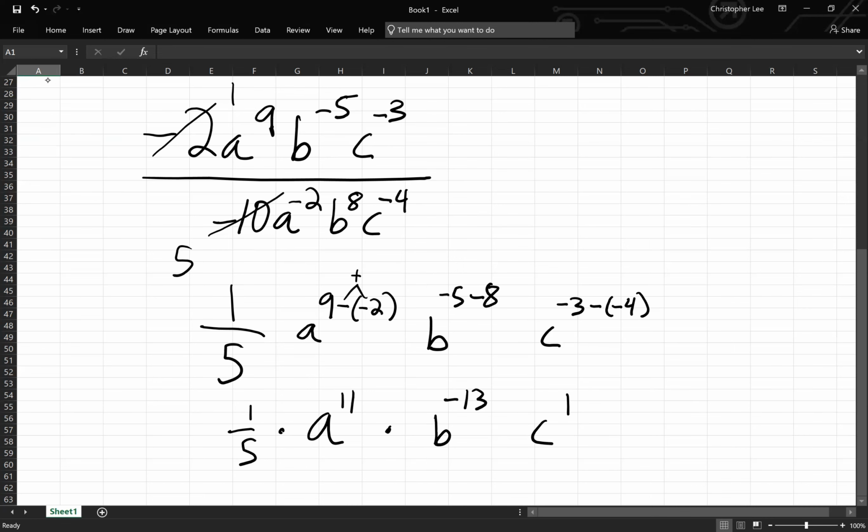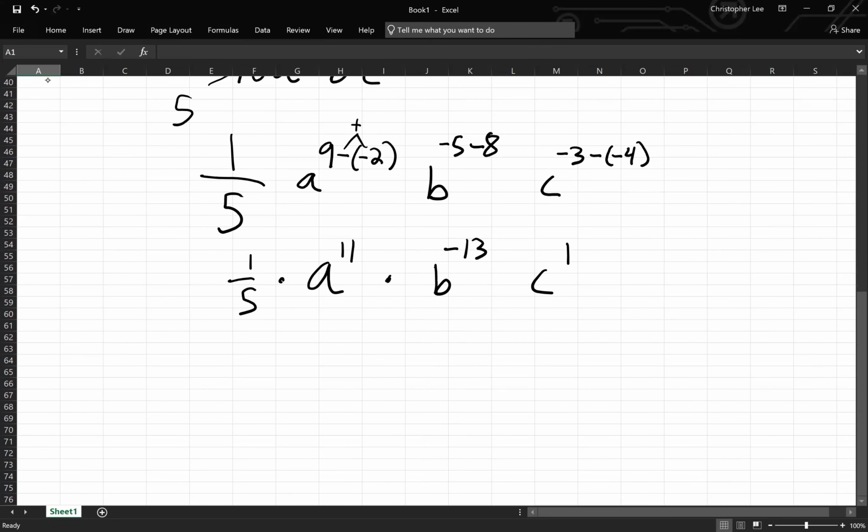Very good. All right. So let's put this all together, right? Remember, it's illegal for me to have negative exponents, right? So what does the b to the -13 become? Exactly.